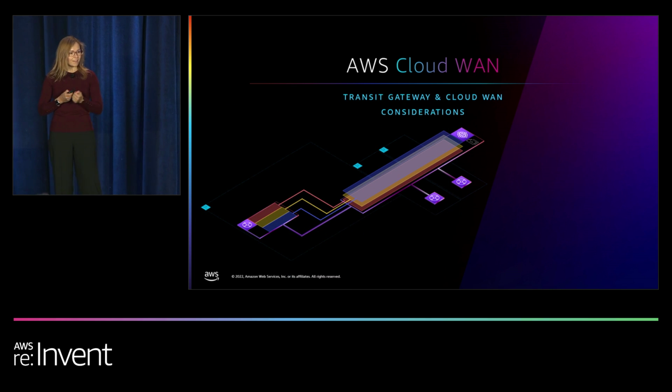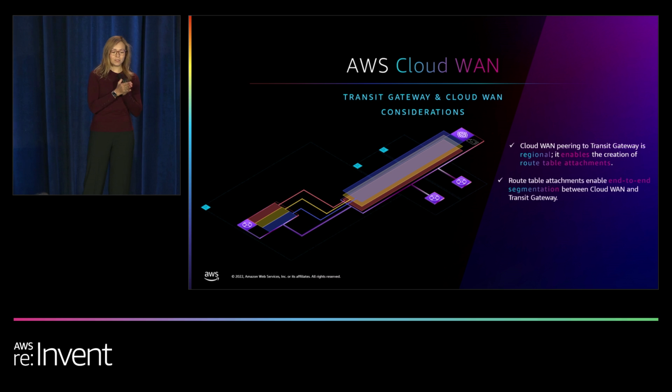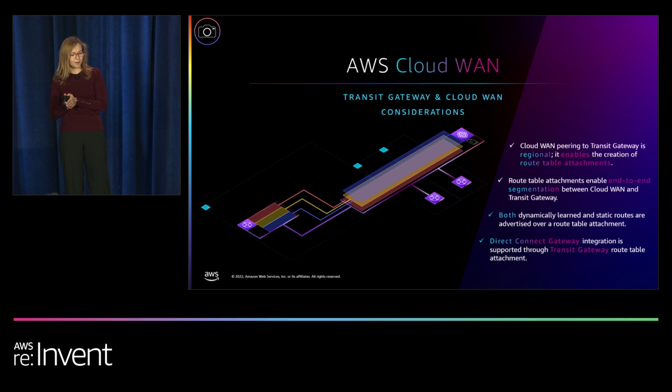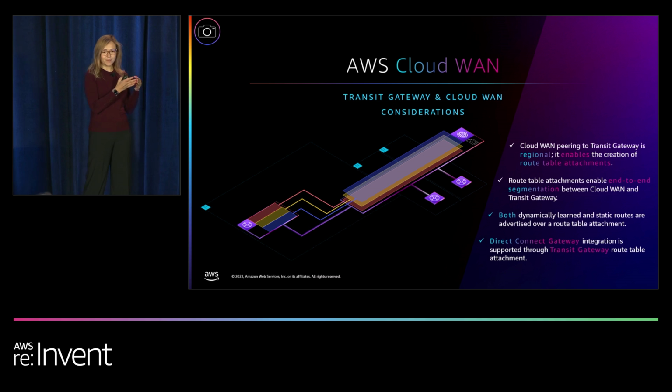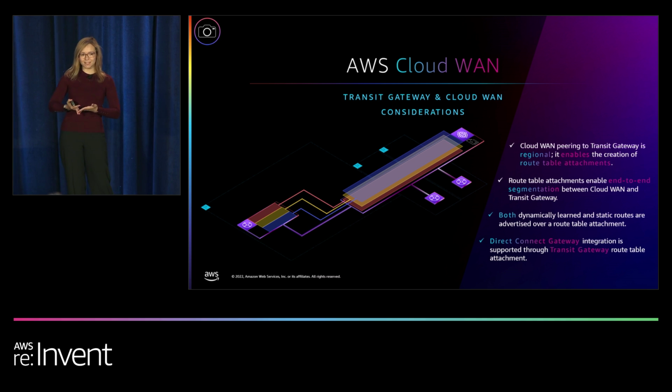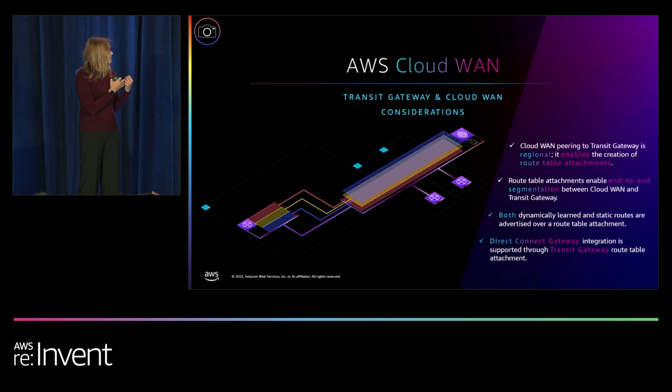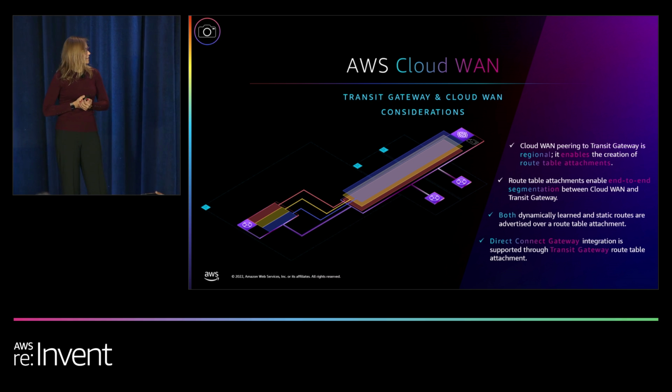With this, here are some considerations to keep in mind when you're peering Transit Gateway and Cloud WAN together, right? Very important that the peering connection is just the transport, and then you have to create the route table attachments, right? All the other ones subside from that.